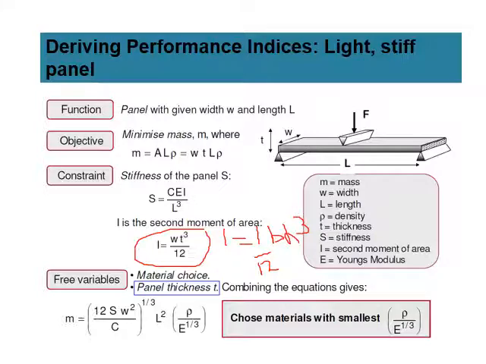So H is equivalent to T. Here B is the width, sorry, and H should be the height, which is the T.